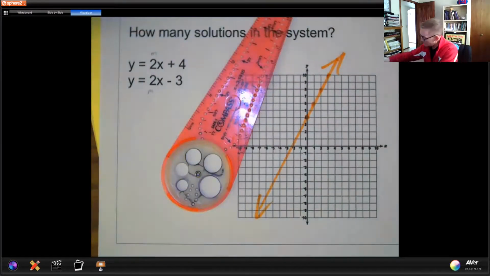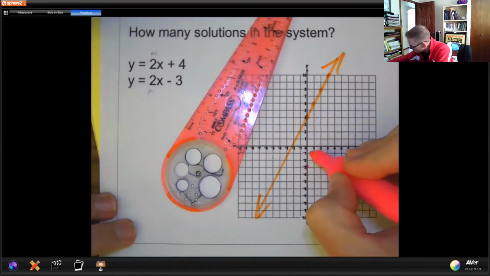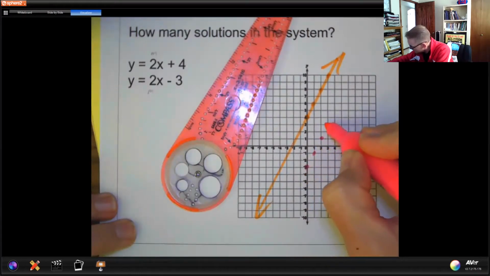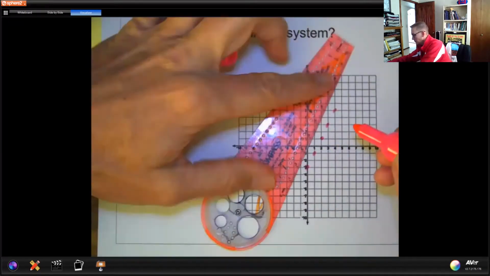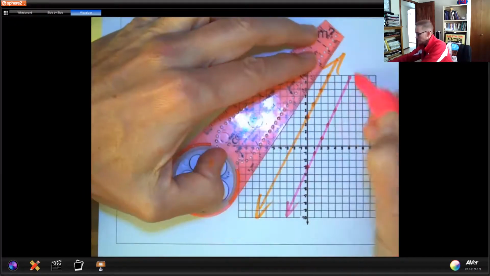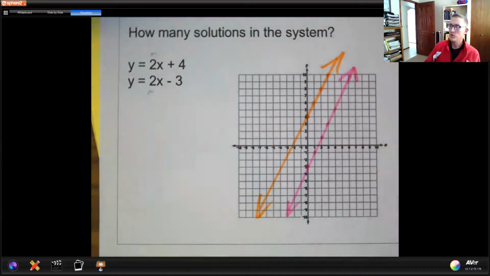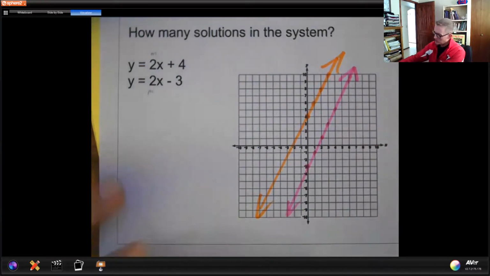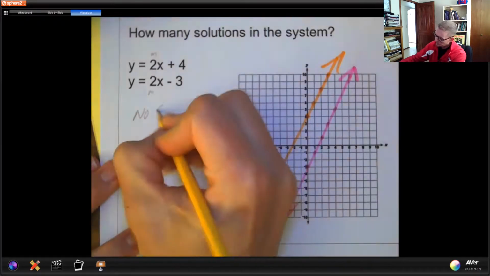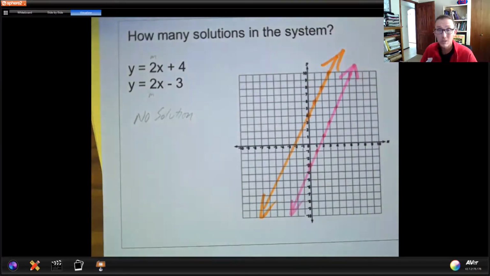The second line has a y-intercept of -3, and the slope, the rise and the run, is up 2. I graph that one. And those two lines are parallel. And therefore, when it asks how many solutions, we're going to say that there is no solution because the lines will never, ever cross.